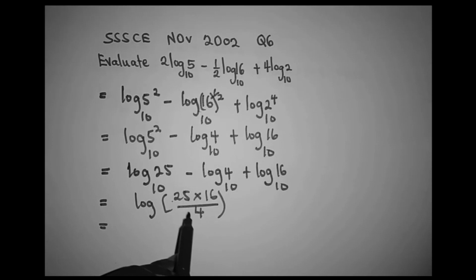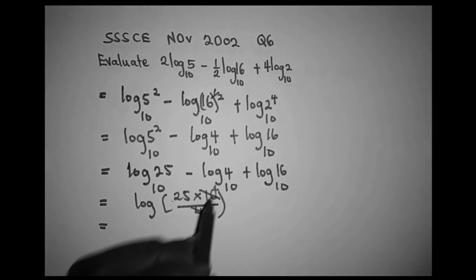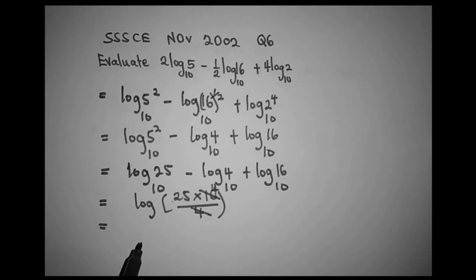This 4 will cancel with the 16, 4 times. So 25 times 4 is 100. So there's base 10 here. So this becomes log 100 base 10.